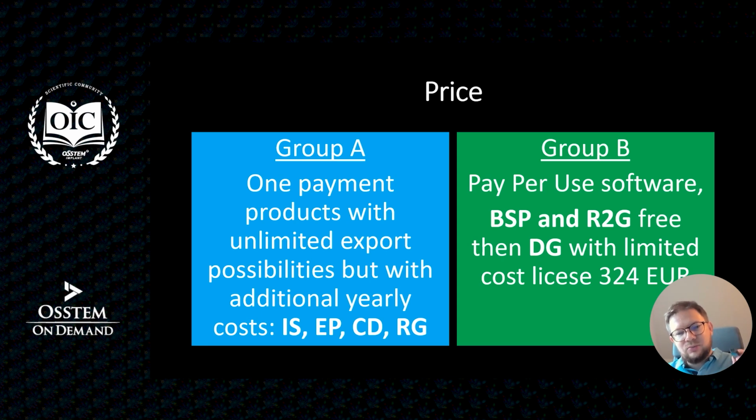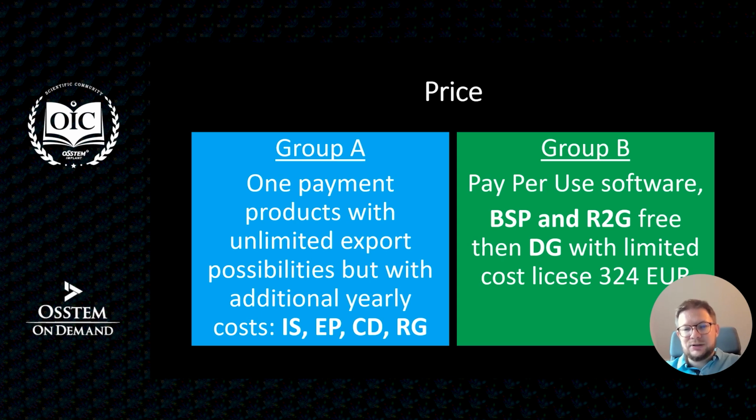We need to plug it into the computer, and with this device plugged in, we can open the software and deal with as many cases as we can and produce as many guides or temporaries as we can without additional payments. However, this software also requires additional yearly costs.